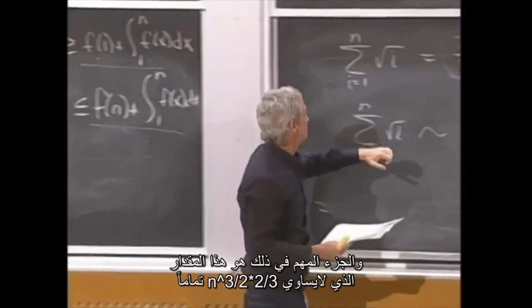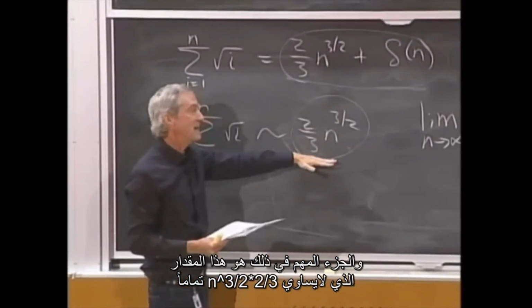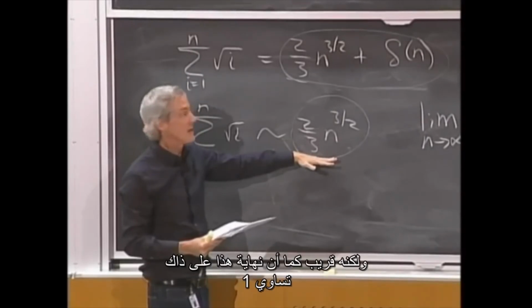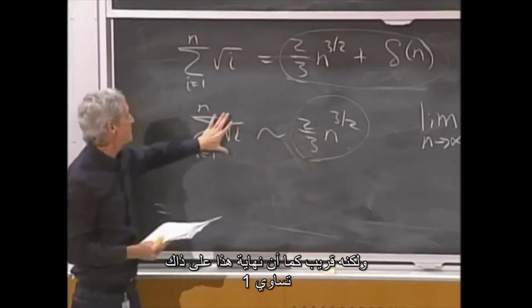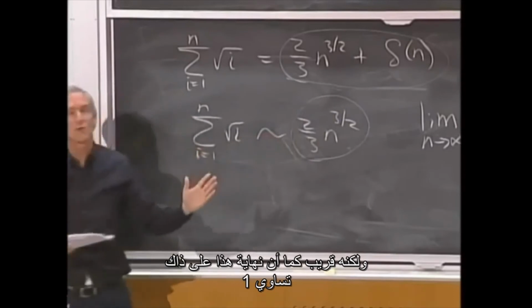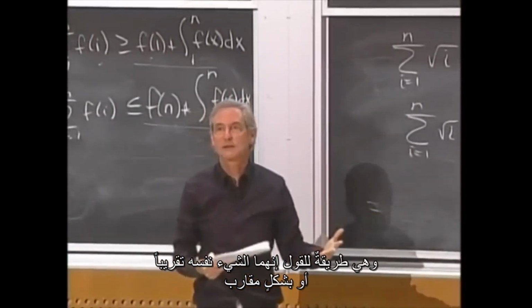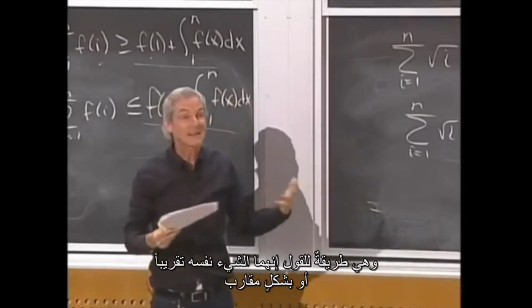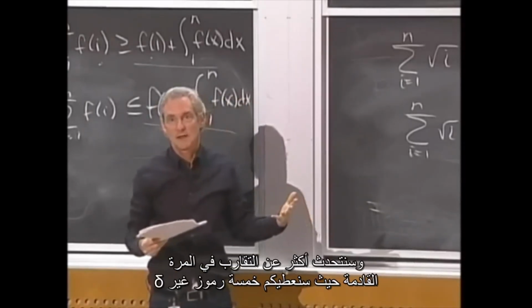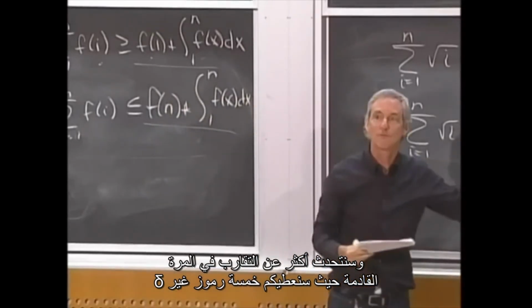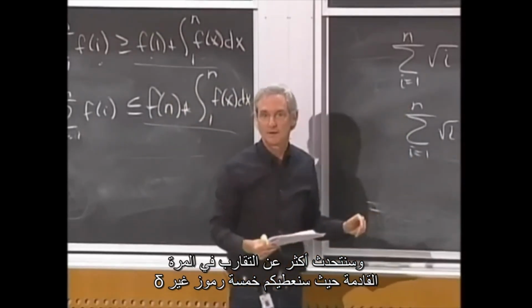And the guts of it is this. It's not exactly equal to 2/3 times n to the 3/2, but it's close. And in fact, if I take the limit of this over that, that limit goes to 1. It's a way of saying they're approximately the same, or that's called asymptotically the same. And we'll talk a lot more about asymptotic notation next time, where we'll give you 5 more symbols besides tilde that people use.